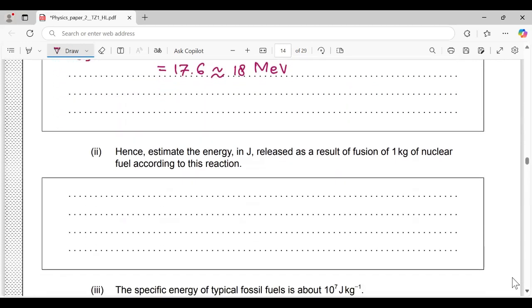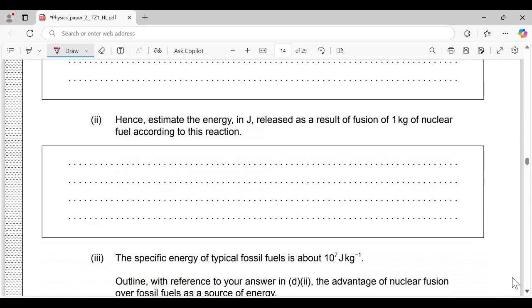Next. Hence, estimate the energy in joule released as a result of fusion of 1 kilogram of nuclear fuel according to this reaction.